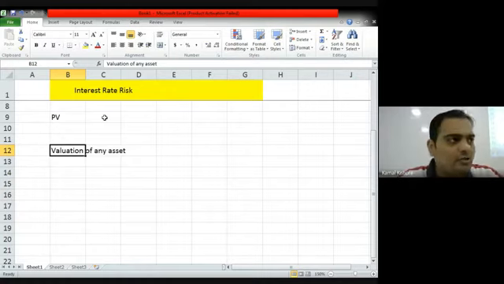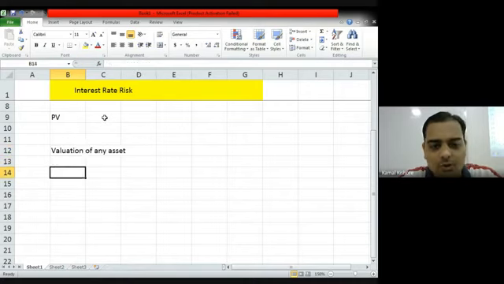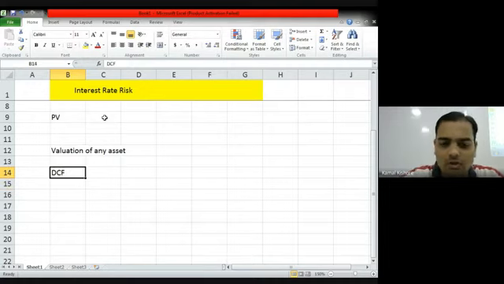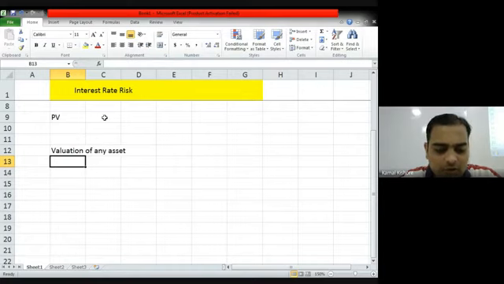Any project you have seen in financial models, how do you do valuation? You do discounted cash flow valuation. You discount all the cash flows. This is an underlying principle within finance: valuation is the present value of all the future cash flows. This is how you calculate your NPV.